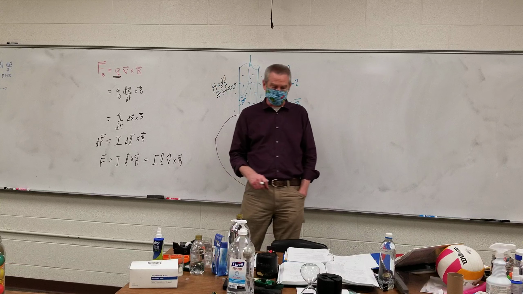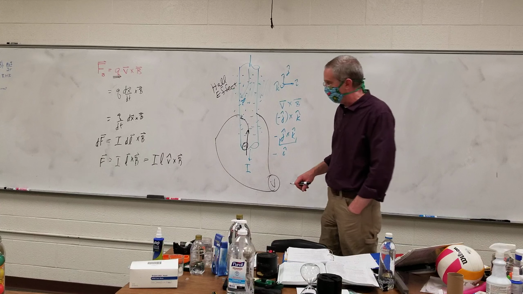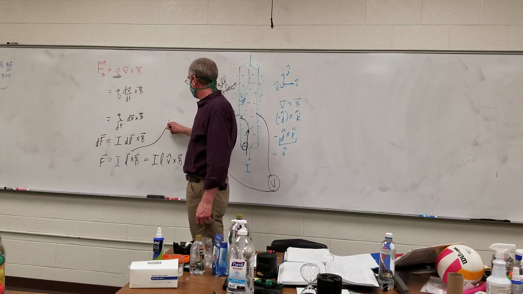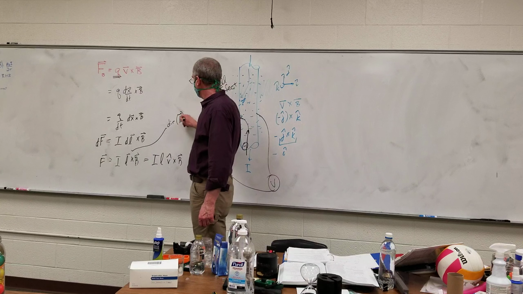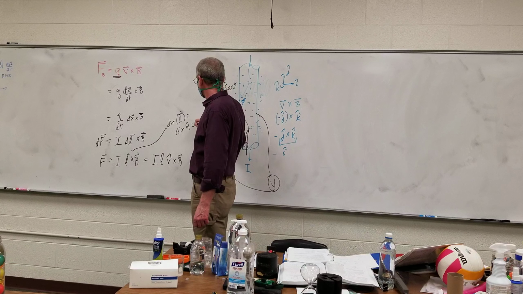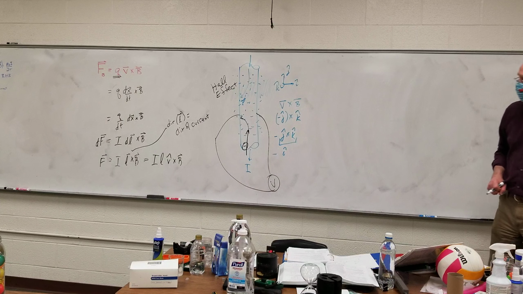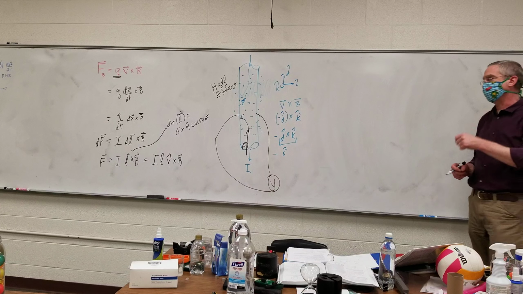It's still the direction of the charge flow, or current. The direction of L equals the direction of current. So this equation right here, this I L cross B, is the force on a current carrying wire.